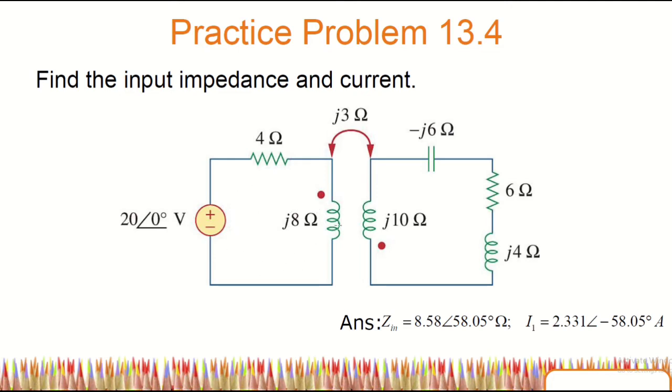The values M, L1, L2, Z1, Z2, and Z load are also given. So I think it shouldn't be any problem. We tried to answer it, and you will get this value. So Z in equal to 8.58 angle 58.05 ohm, and I1, the current at the primary coil, is 2.331 angle minus 58.05 ampere.